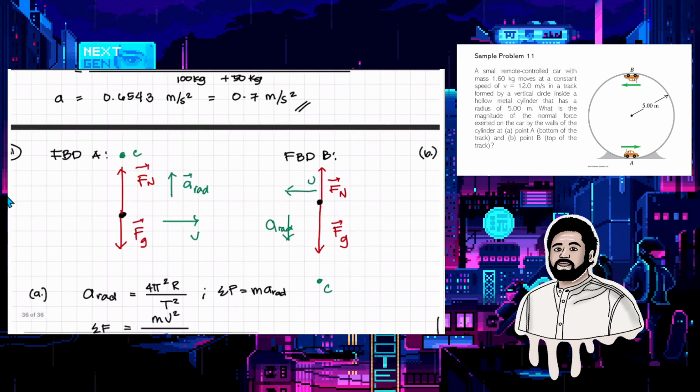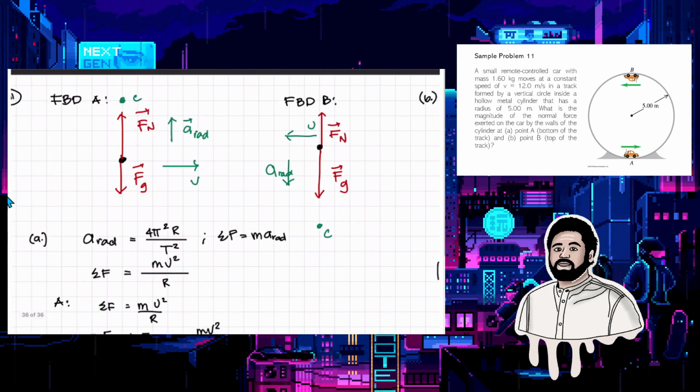Okay? So for circular motion, we have a_rad equal to 4 pi squared r over T squared. But we are not given the period to solve for the radial acceleration. Instead, we are given the linear speed, that is 12 meters per second.